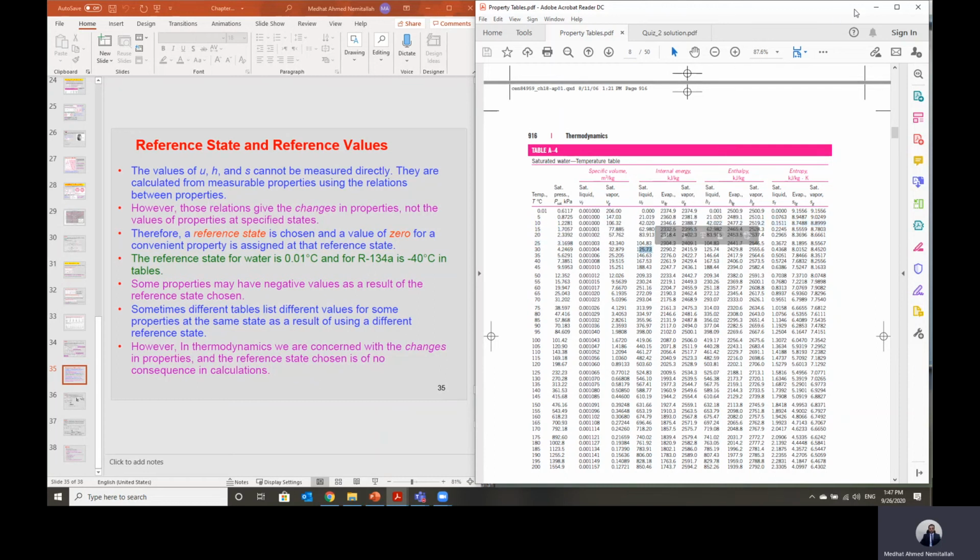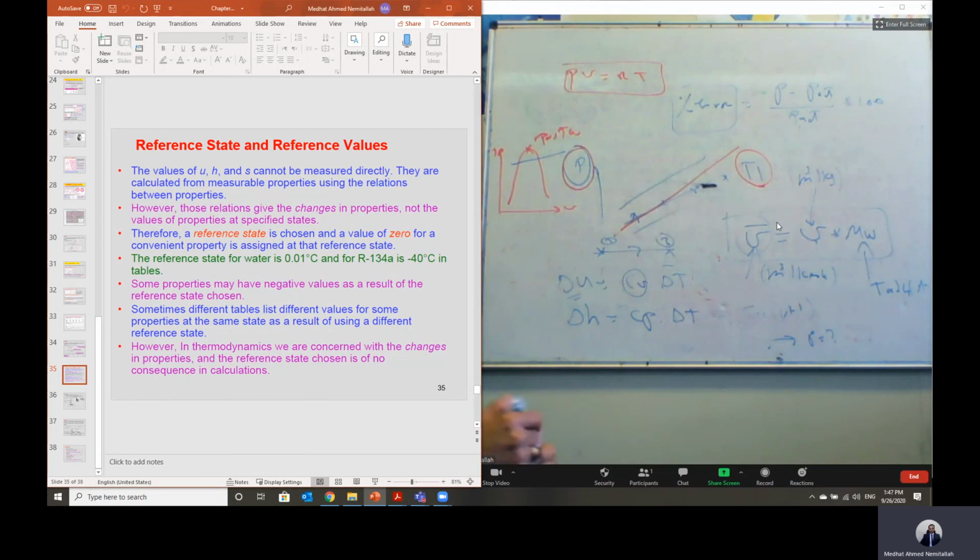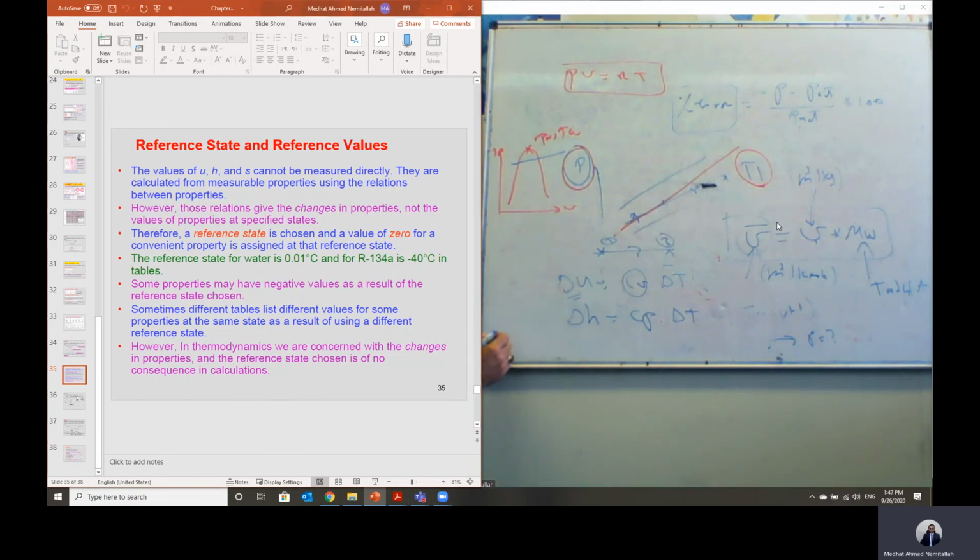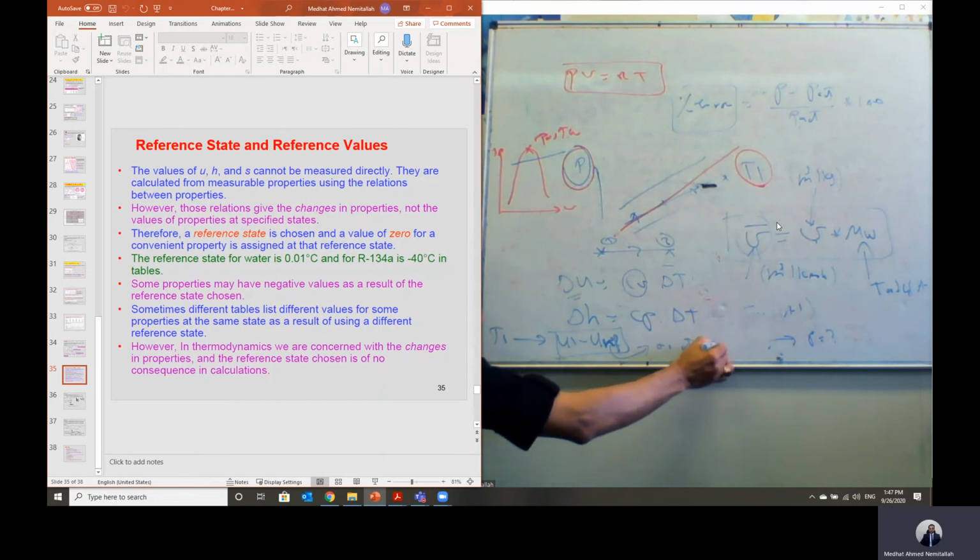So at a given temperature, or at any state, let's say at any point we call it U1, at a given temperature T1, we can calculate U1 minus U reference. This is the value listed in the table. But as the reference value is equal to 0 at a temperature of 0.01 degrees C, this value is 0.